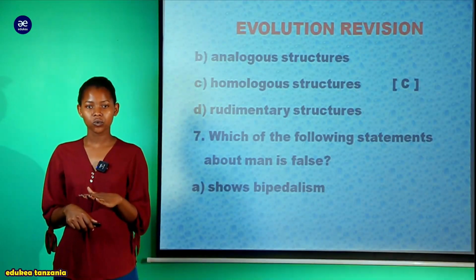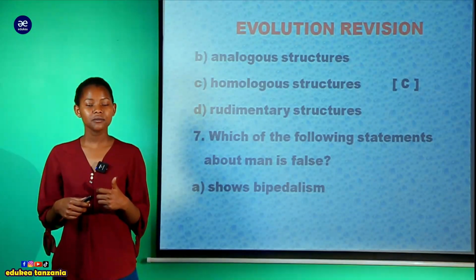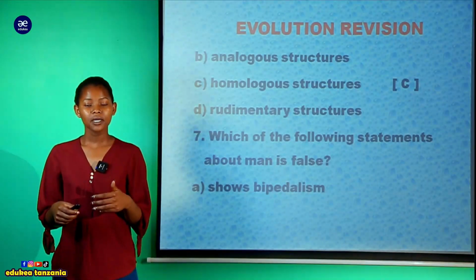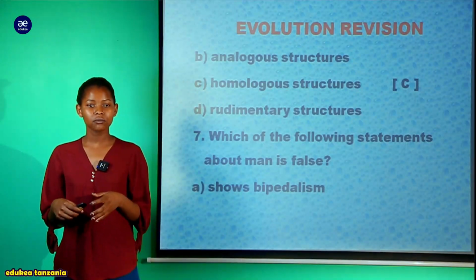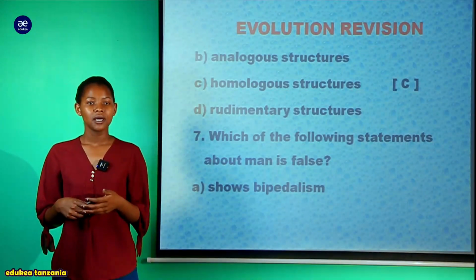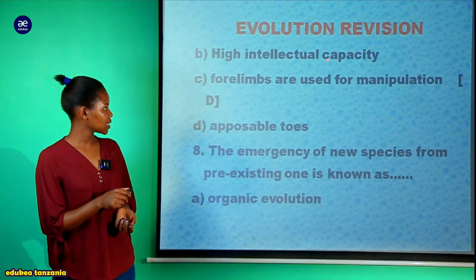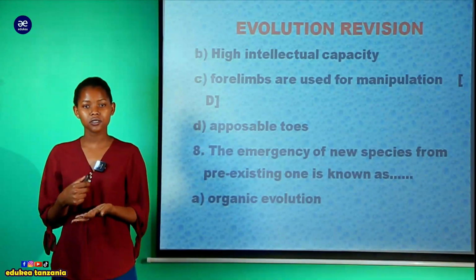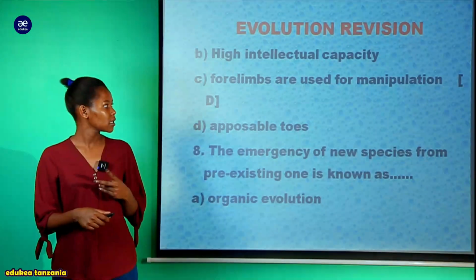This is a true statement. That means man shows bipedalism, meaning that man walks with 2 limbs. He uses two legs for walking and the others for other work. But B, high intellectual capacity, this also is true. This statement is also true about man.